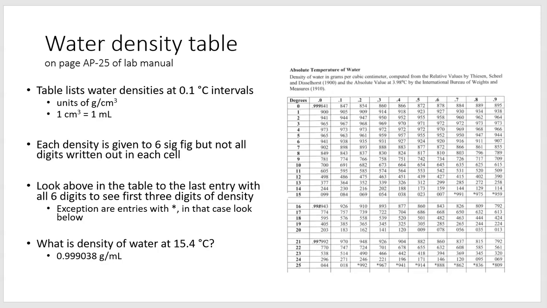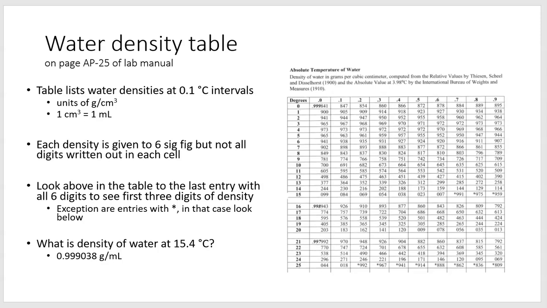This table is a little bit difficult to read, and therefore I want to talk to you about it. Every little cell in here tells the density at 0.1 degree Celsius intervals.